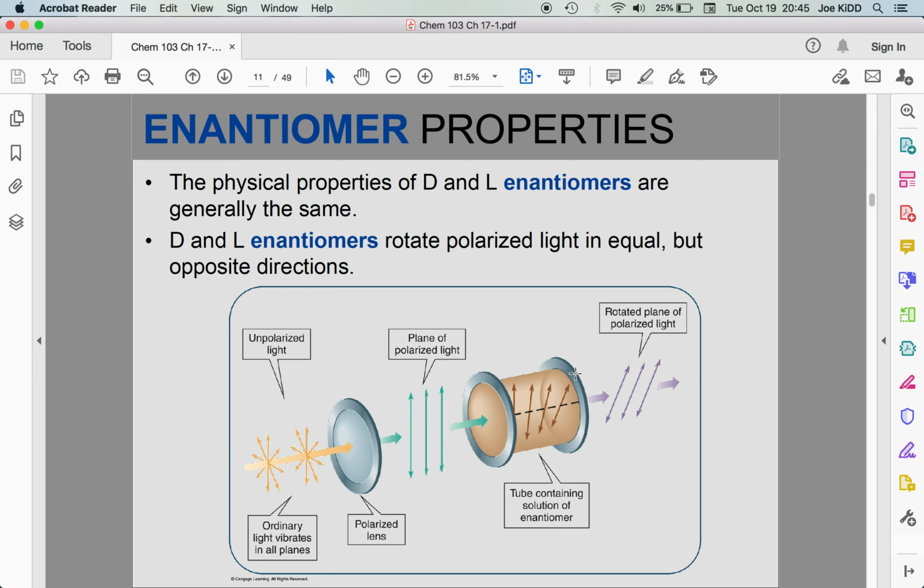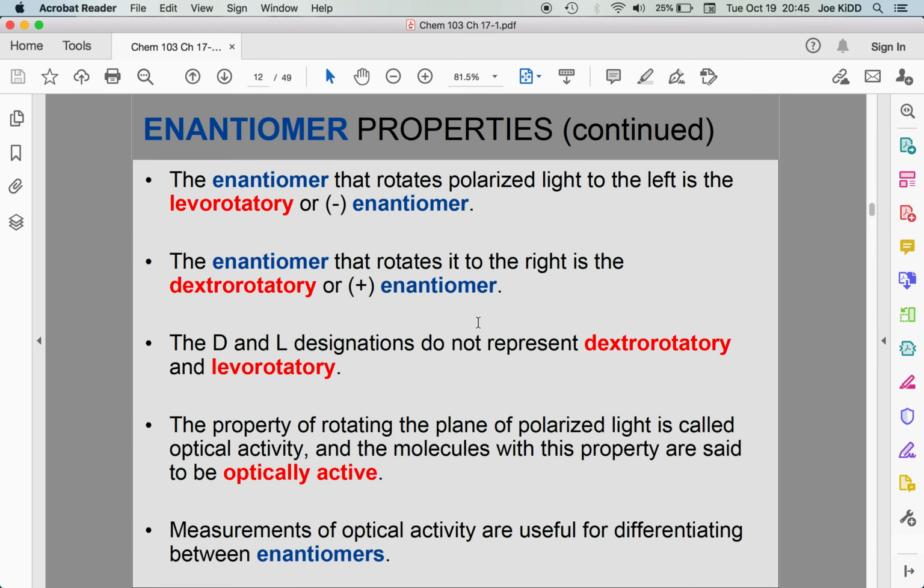D does not always mean that it will go clockwise. L does not always mean it will go counterclockwise. Different compounds do different things, so there are other ways we name that. An enantiomer that rotates light to the left would be levorotary, and we denote that with a negative sign.